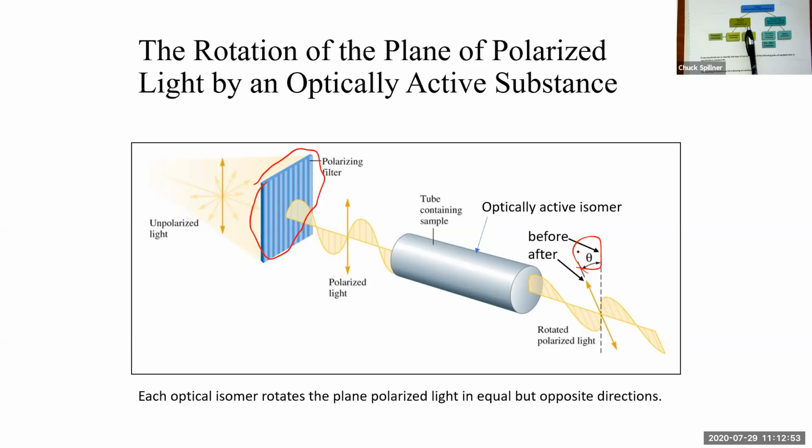The D and L are from the Latin words dextro and levo. Dextro means to the right, levo means to the left. That's where the D and L come from, and that's what the designations mean. One isomer rotates the light one way and the other isomer rotates it the other way.